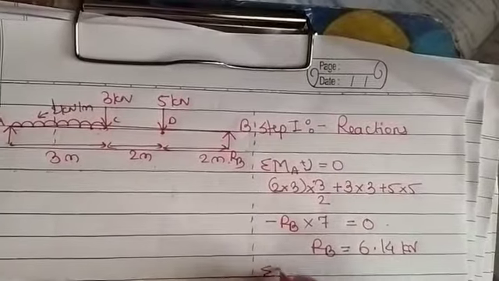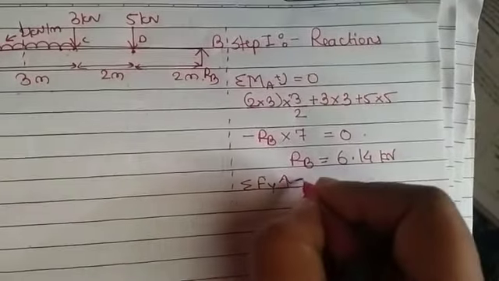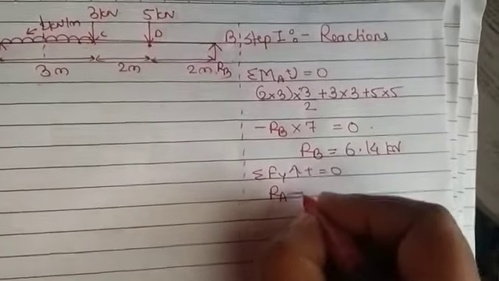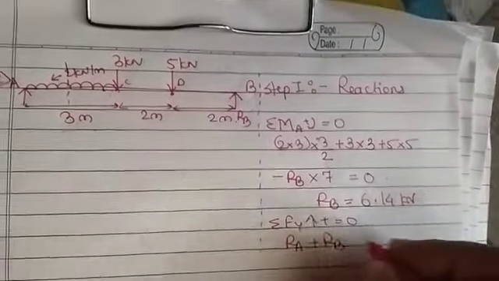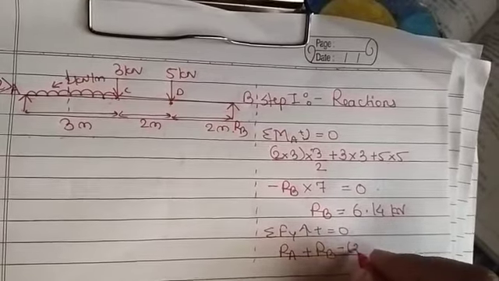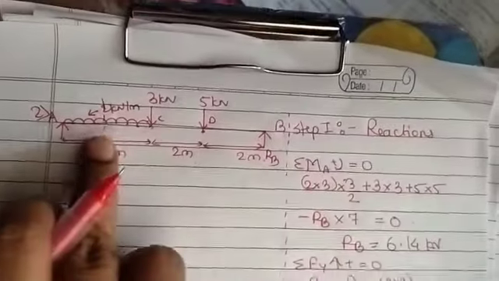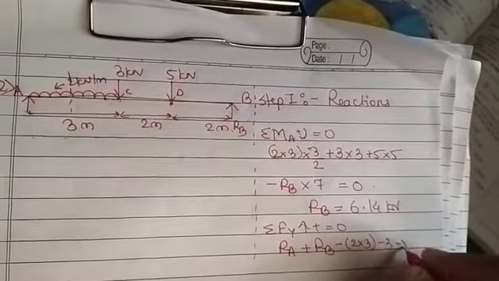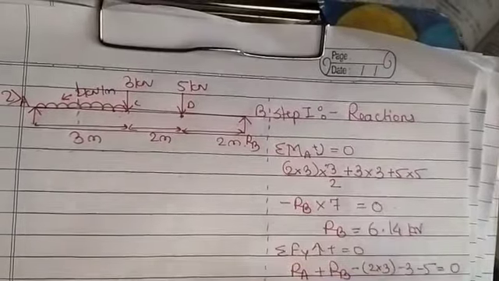Now, summation of Fy, upward positive, equal to 0. RA is going upward, RB is going upward. Then downward will be minus 2 into 3, that is the UDL, minus 3, that is a point load, minus 5, that is a point load, equal to 0.